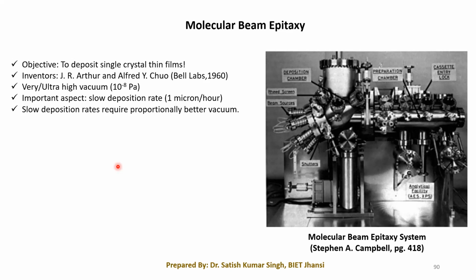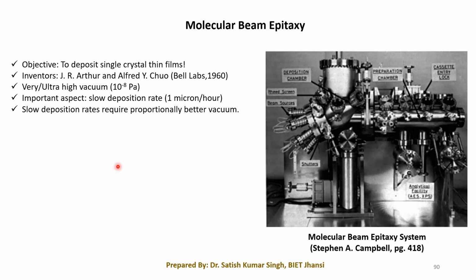So it is an ultra high vacuum that we have to create. And remember, this task is not easy to achieve, so we have to look at how it will be achieved and what the difficulties are. So we have to keep that in mind.